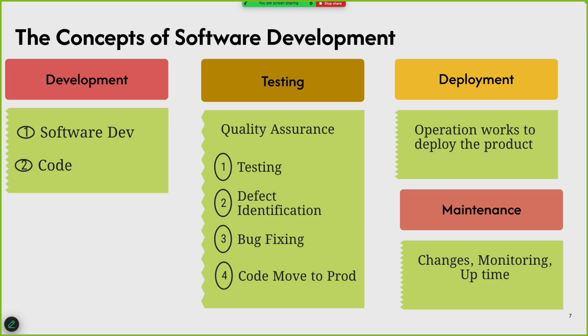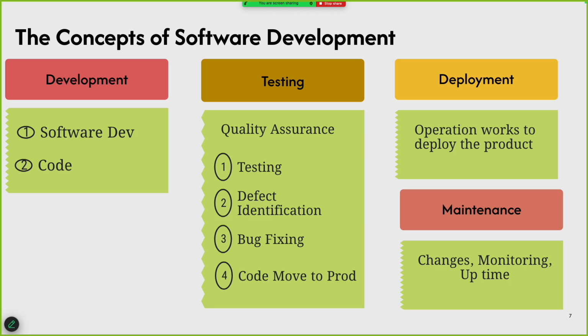The testing team does the code testing using tools. There are a lot of automated tools now, but they do manual testing as well. Their only task is to identify defects and bring them to the development team, who do the bug fixing.